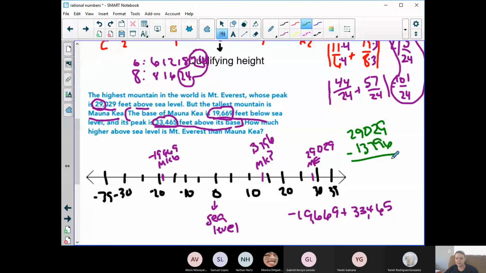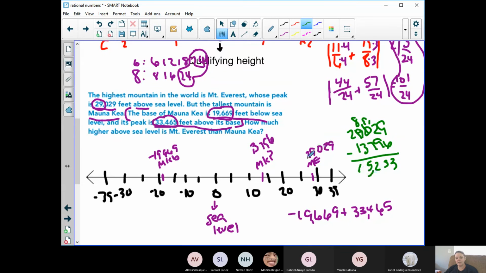So 9 minus 6 is 3. I can't take 9 from 2, so I'm going to come all the way over here. It's going to become an 8, 9, 12. 12 minus 9 is 3. 9 minus 7 is 2, 5, and 1.